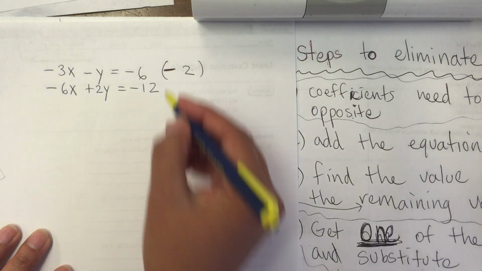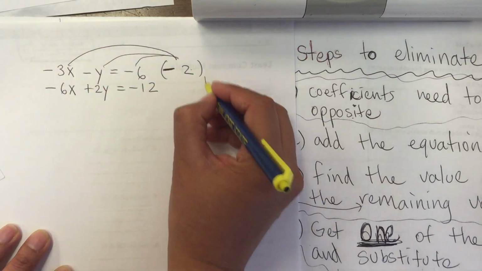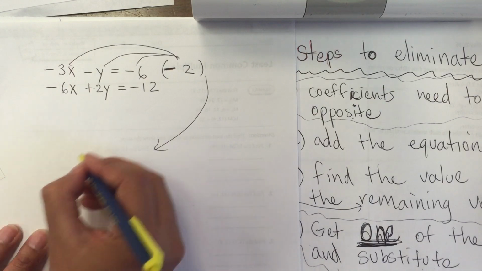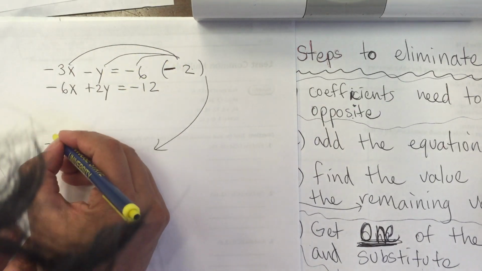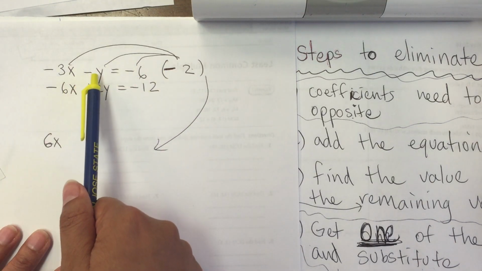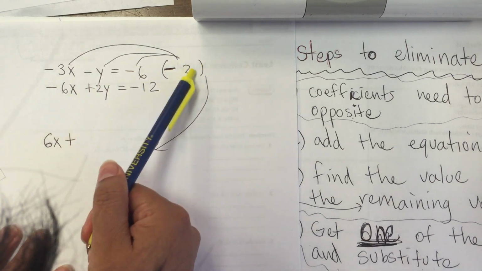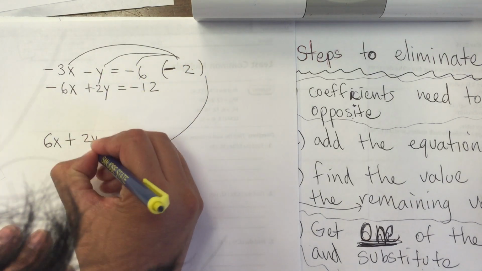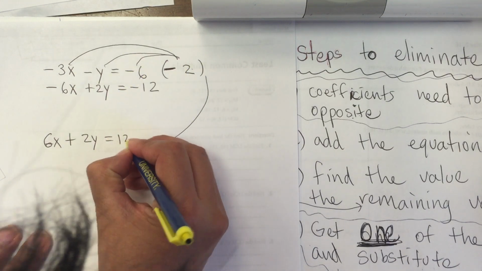Good, it checks. So I'm going to start multiplying. And so my resulting equation will be negative times negative is positive 6x. Negative times negative is positive 2y. And then negative 2 times negative 6 is positive 12.